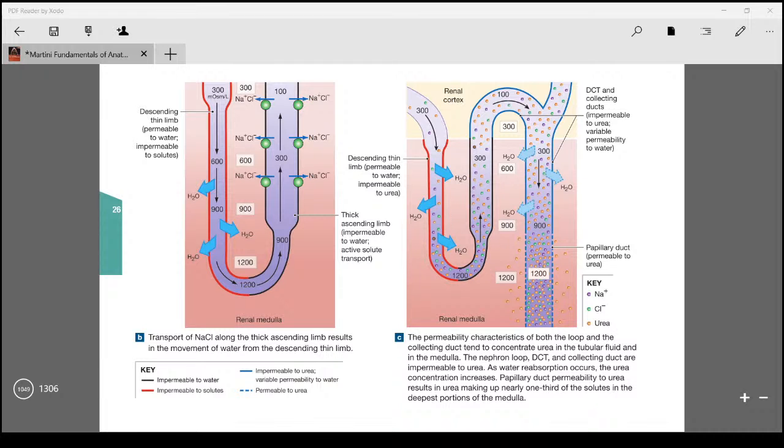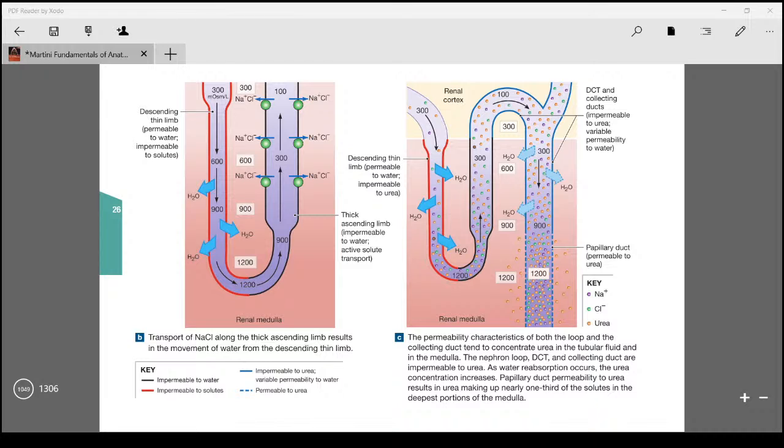This allows the production of concentrated urine. The urine becomes more and more concentrated if ADH is secreted and causes more water reabsorption.